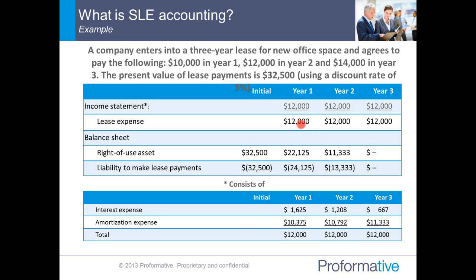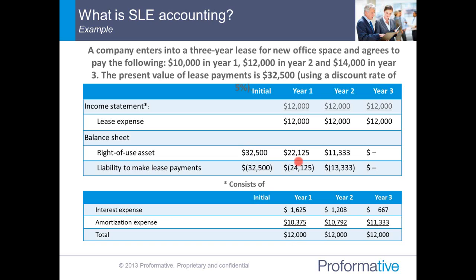The average is $12,000 a year, and this is what would be reported as lease expense, and the components of that would be interest expense using the interest method, and amortization expense basically plugging the difference between the interest expense and the total average expense. And here's what the asset and liability would look like.